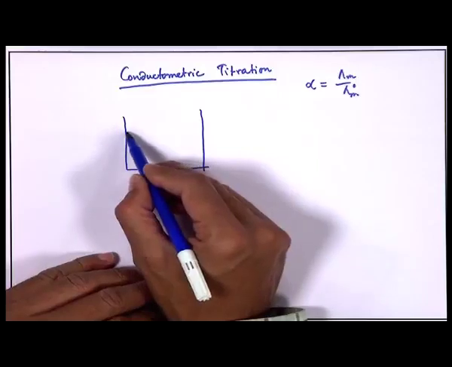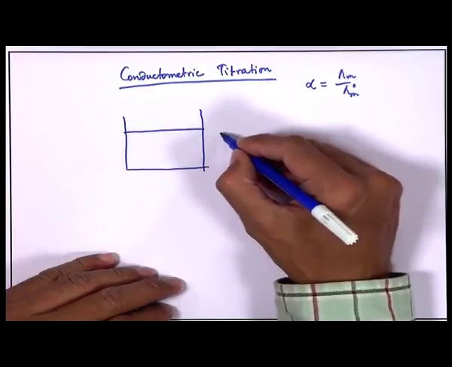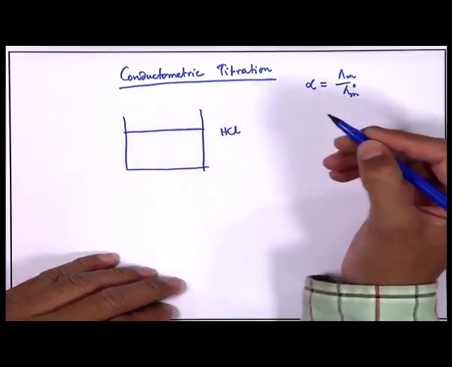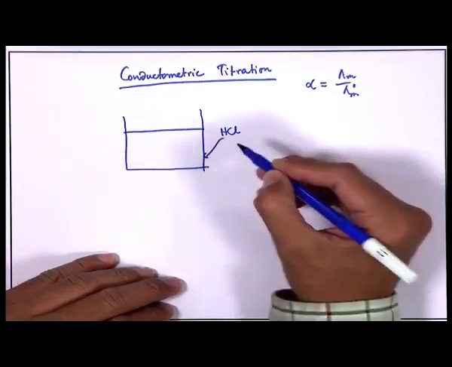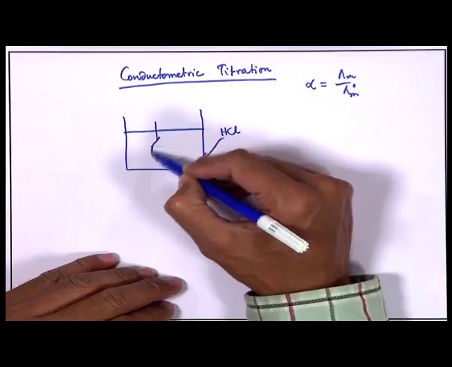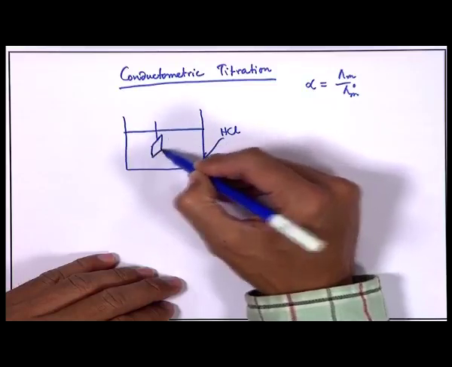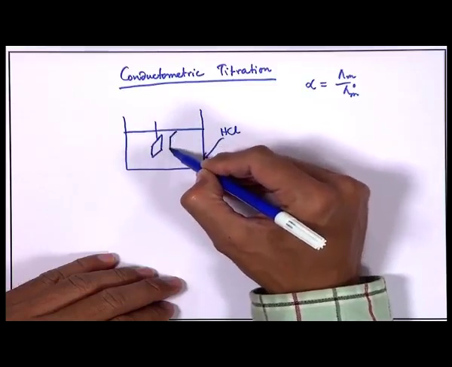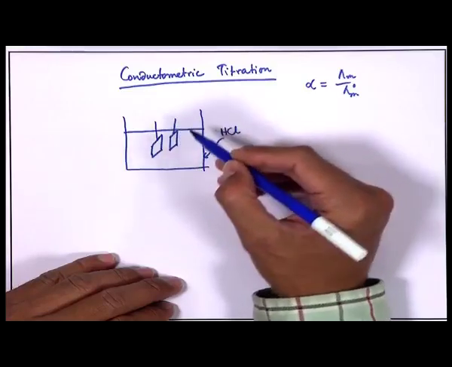Now, in conductometric titration, you have your beaker and say you have your acid solution like HCl, and you dip your conductivity cell having 2 electrodes, whose cell constant is also known.